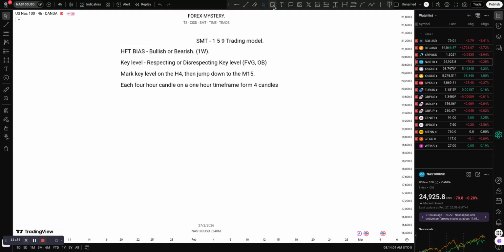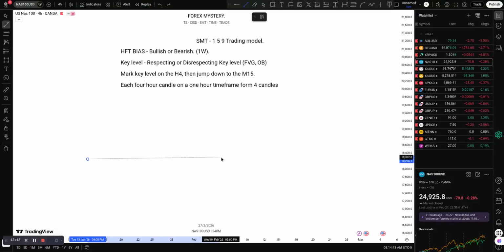Now, if you watch the video I posted about open high low close, I didn't go into details about this 1, 5, 9. I mean about this open high low close. So number one, let's just say we are on the 4 hour time frame, and then this was a key level.